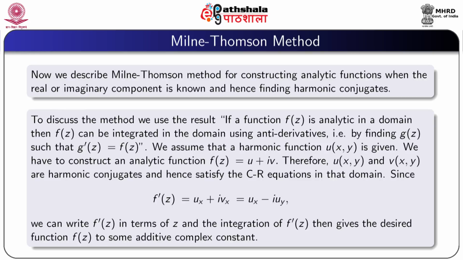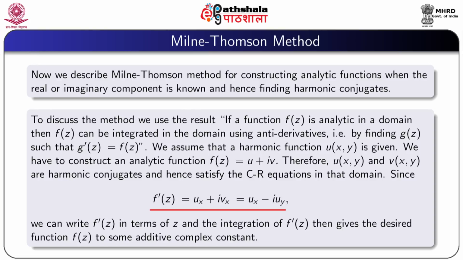We assume that a harmonic function u(x,y) is given. We have to construct an analytic function f(z) equal to u + iv. Therefore, u(x,y) and v(x,y) are harmonic conjugates, and hence they satisfy Cauchy-Riemann equations at every point of that domain.